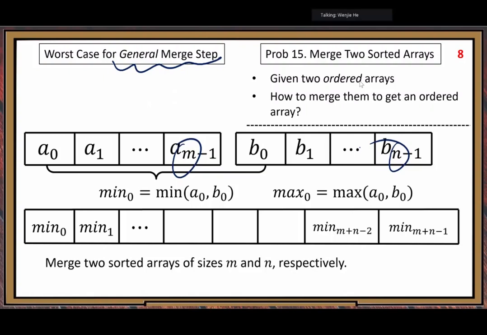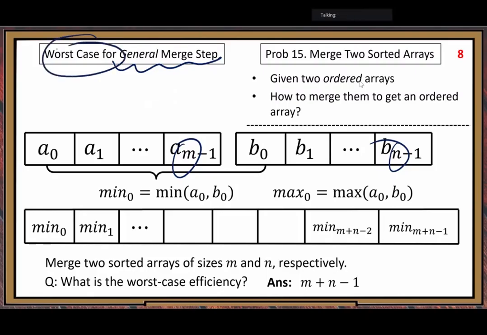So for the worst case, the total number of comparisons equals the total number of elements minus 1: m plus n minus 1. This formula is for the worst case, not the best case. The best case is different.